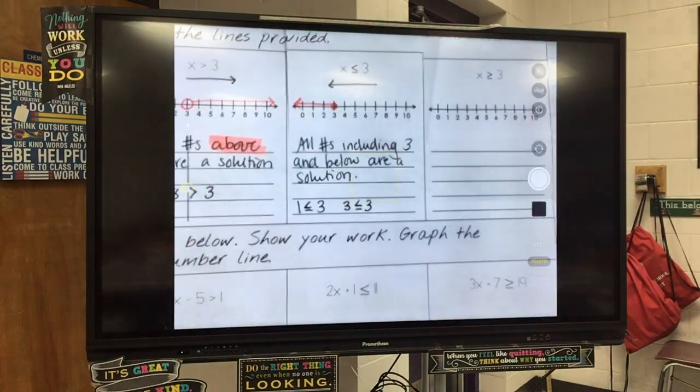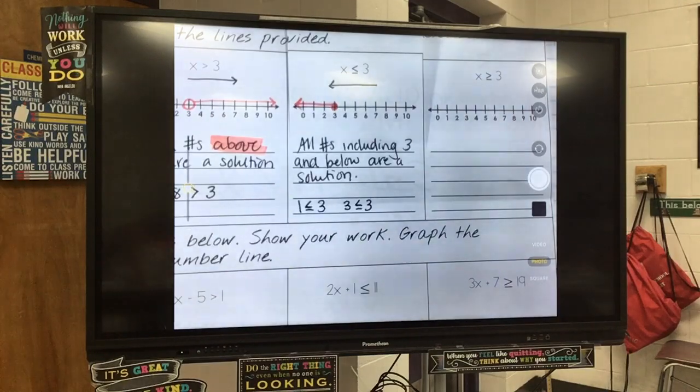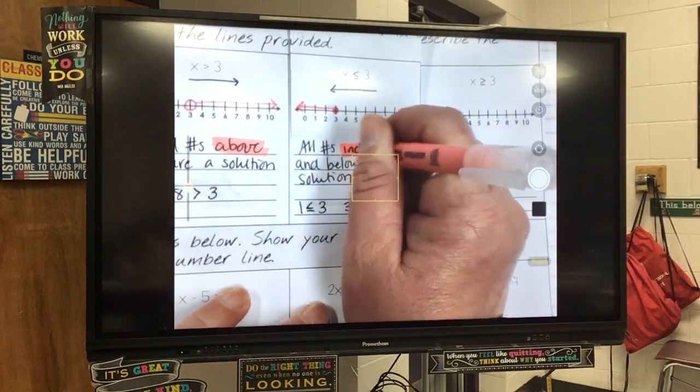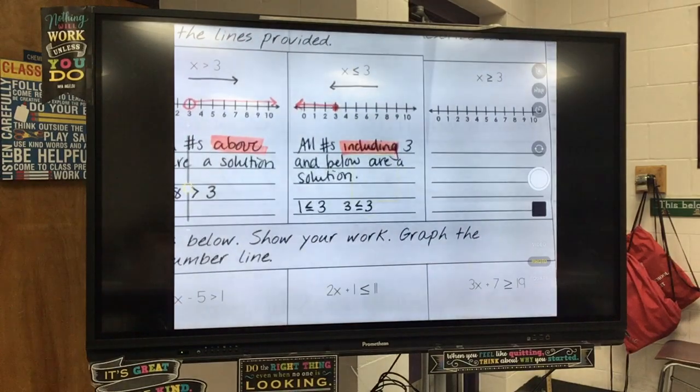Everybody understands why we can include that 3 there, right? Is there anybody who doesn't understand? Make sure with this one that you highlight, underline, circle, whatever, including, because that lets us know that we can put 3 in there as well as the numbers below it.